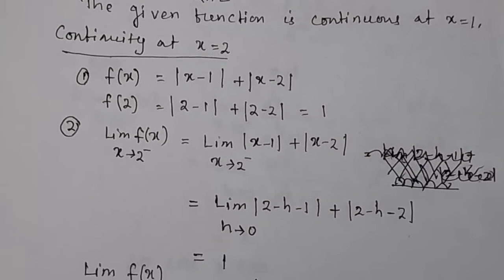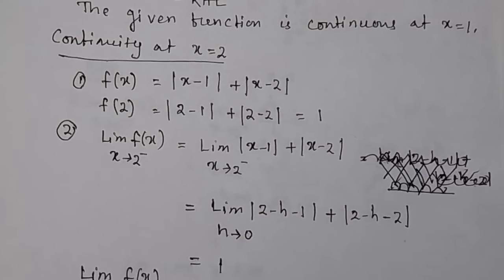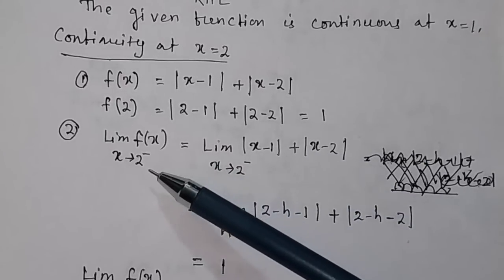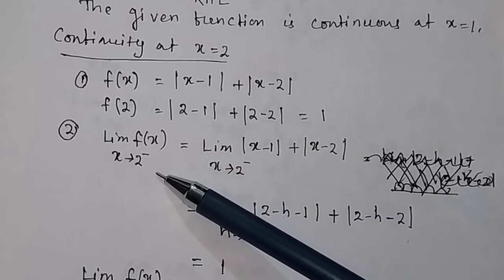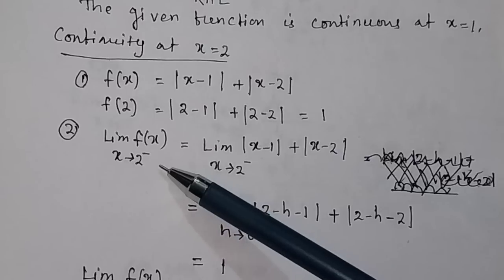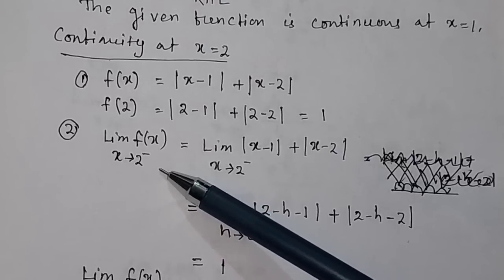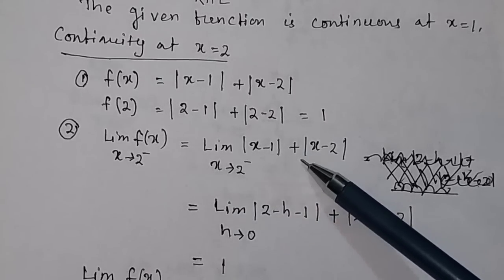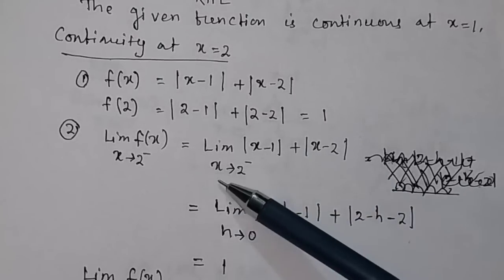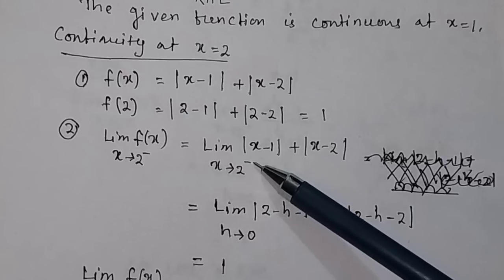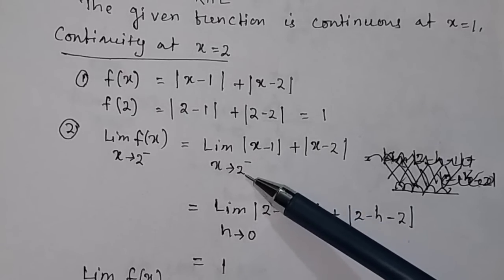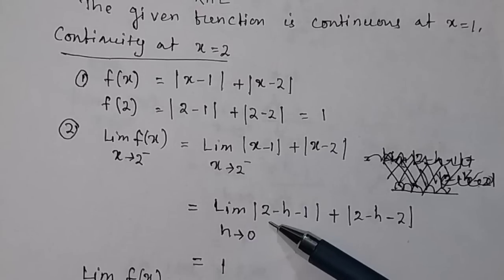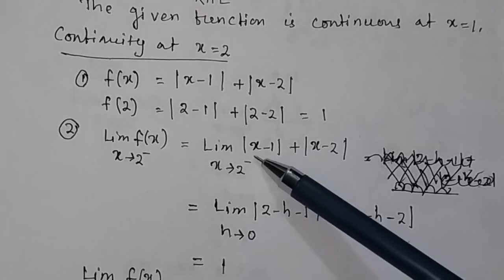Now let us check the left hand limit at x = 2. Limit of f(x) as x approaches 2 minus. Since it is the left hand limit, we will take a value 2 minus. So the given function is the limit of |x - 1| + |x - 2| as x approaches 2 minus. 2 minus means a value slightly less than 2. So you substitute the value 2 - h in x.